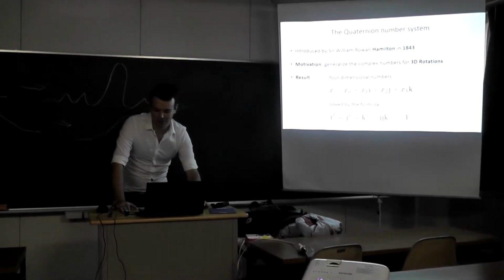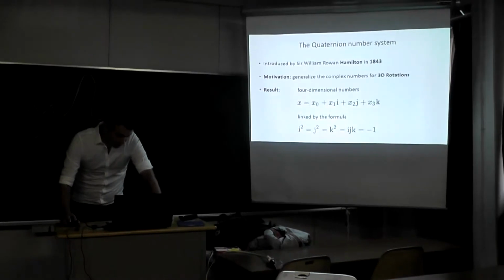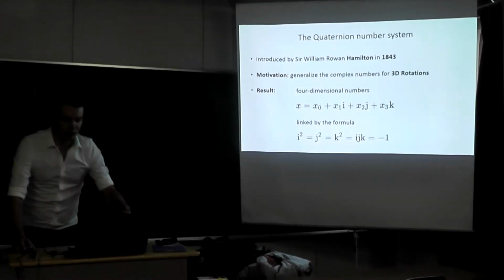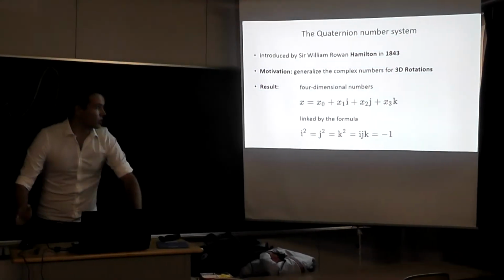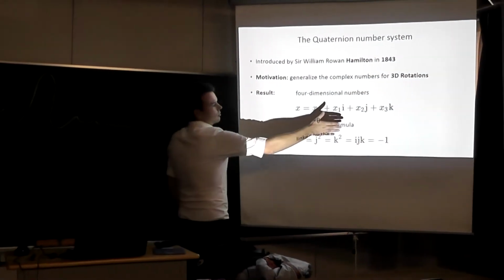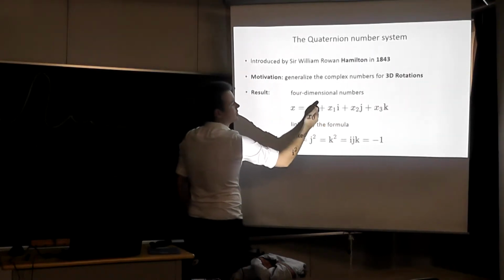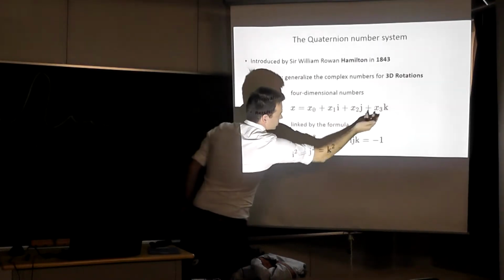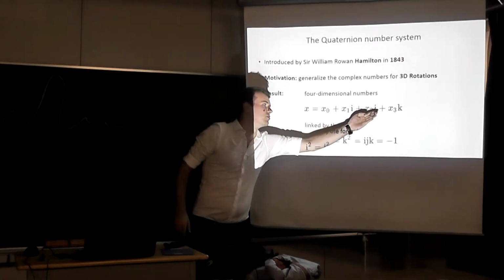And someday he came to the conclusion he needs 4 dimensions. So he introduced these numbers that he called quaternions, for 4. And it's basically like, if you think of a complex number that has just a real part and an imaginary part, now you have a real part and 3 imaginary parts. These are the quaternions. You have an i part, a j part, and a k part.